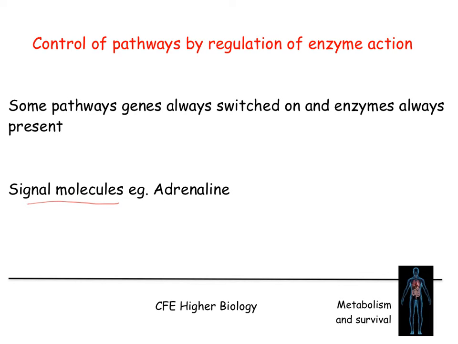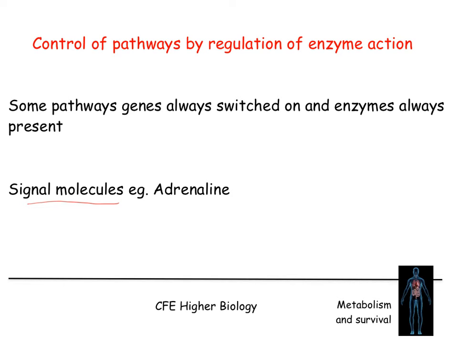There are signal molecules that affect a cell's metabolism, and they can originate in the cells themselves. So in the liver, for example, there may be signal molecules that control other pathways in the liver cells, and they're produced within the liver cells themselves. But adrenaline is produced elsewhere in the body. So that is signal molecules.